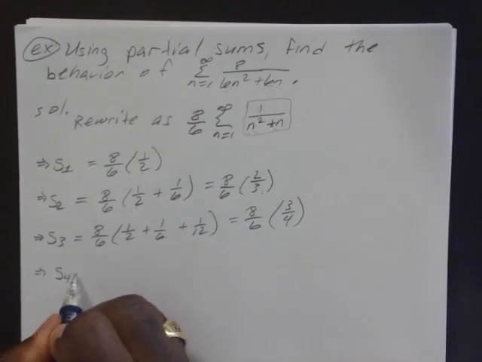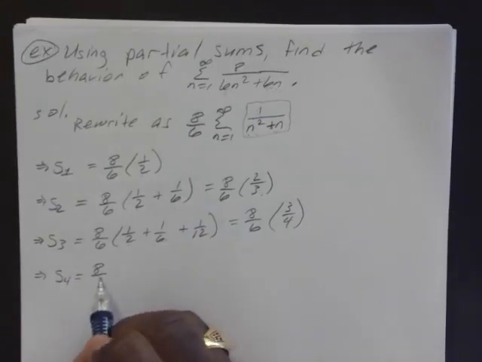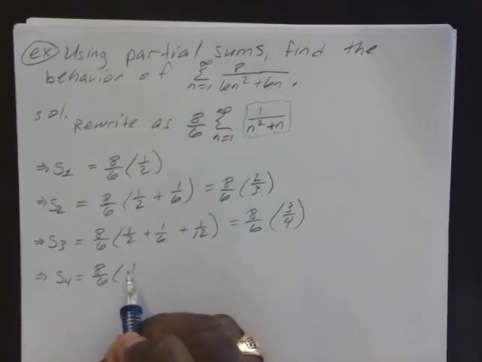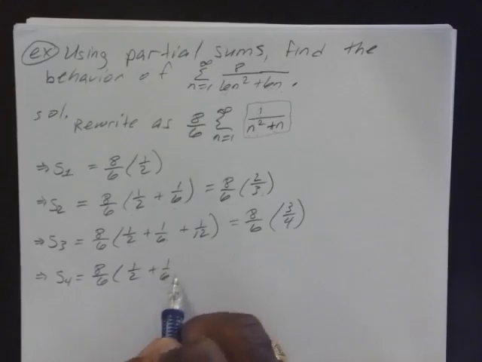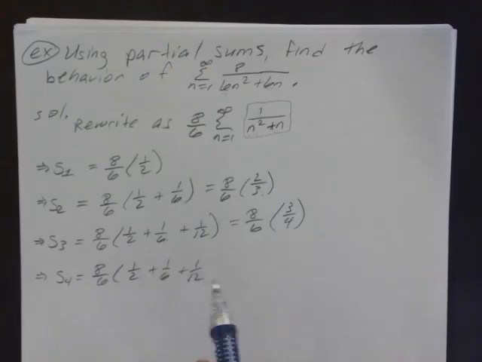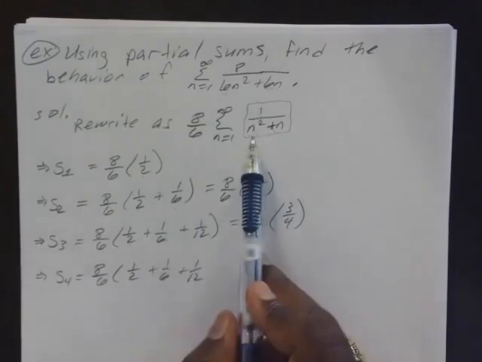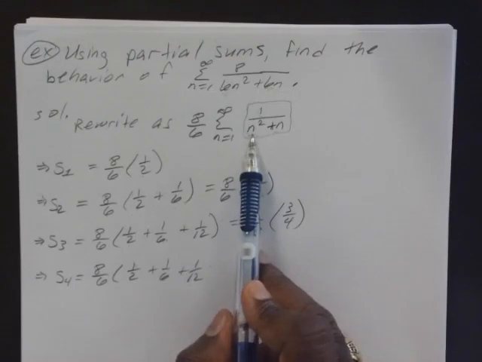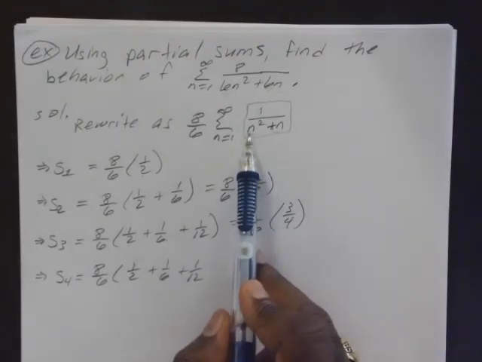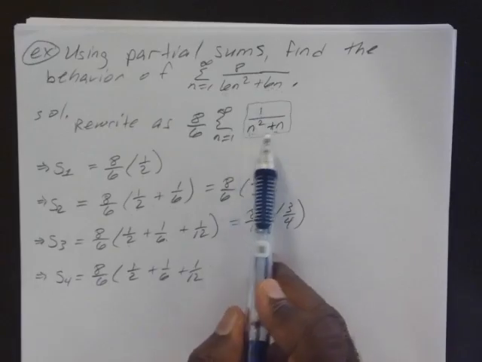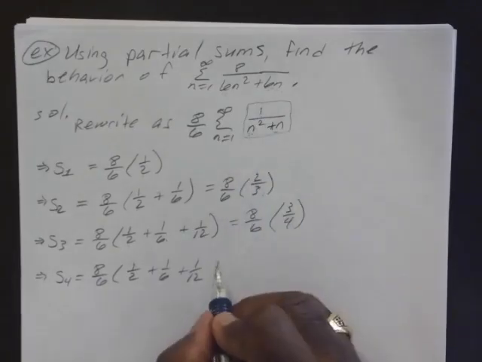And if we do the fourth partial sum, that's just 8 over 6 times 1/2 plus 1/6 plus 1/12 plus that fourth term, we plug in n equals 4. That's 1 over 4 squared, which is 16, plus 4, which is 20.